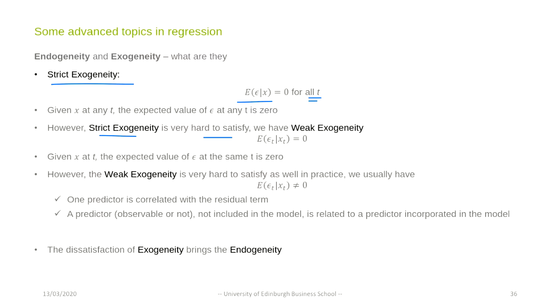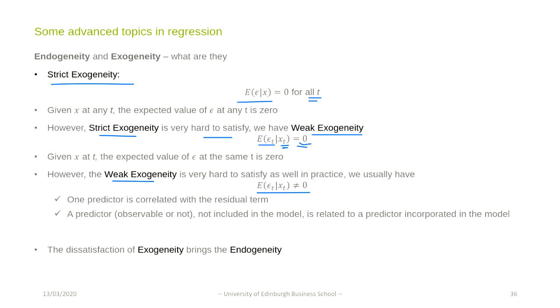We pick just one particular time, and given x at that time, we assume the expected error at that time is 0. This is called weak exogeneity. But sometimes even weak exogeneity is very hard to satisfy in practice, so in most cases we need this to hold for any time t.